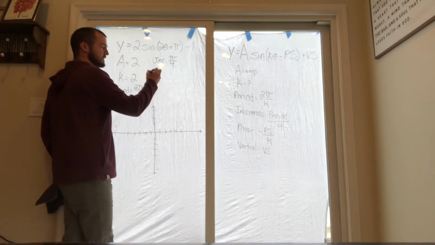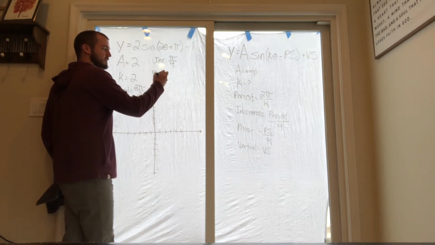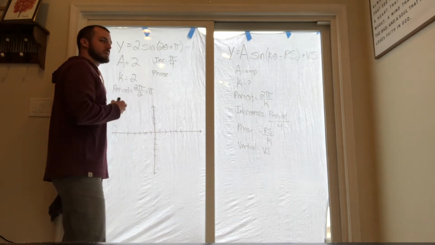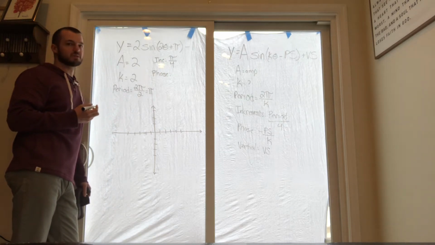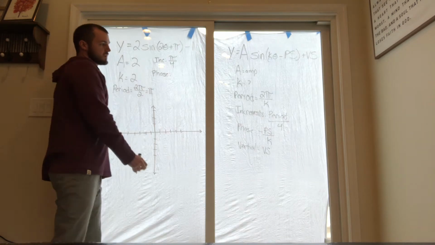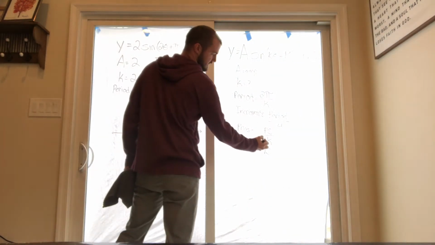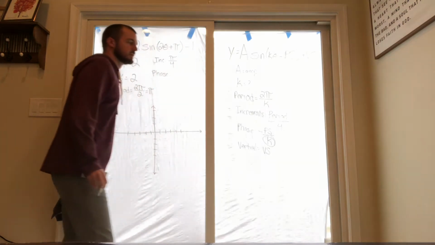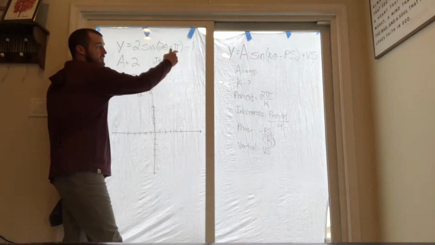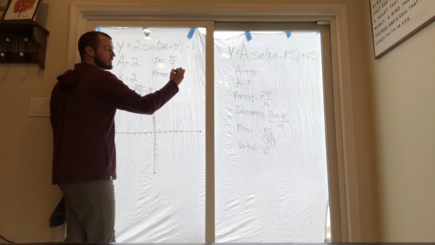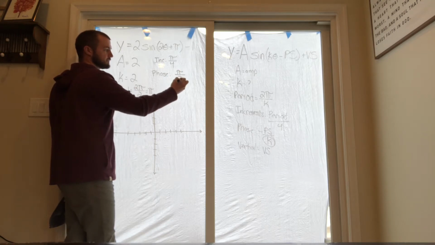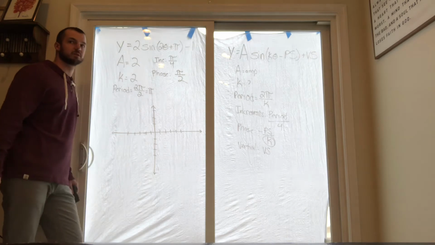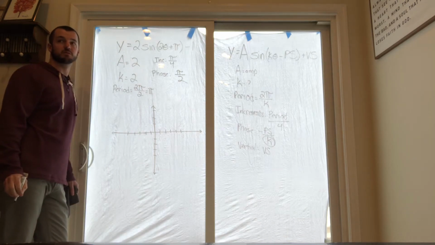Okay, here's the big one, your phase shift. It's been a major issue with all of this. You guys are forgetting the one major part, and it is right there. You need to take that and divide it by K. If you don't, you are wrong.